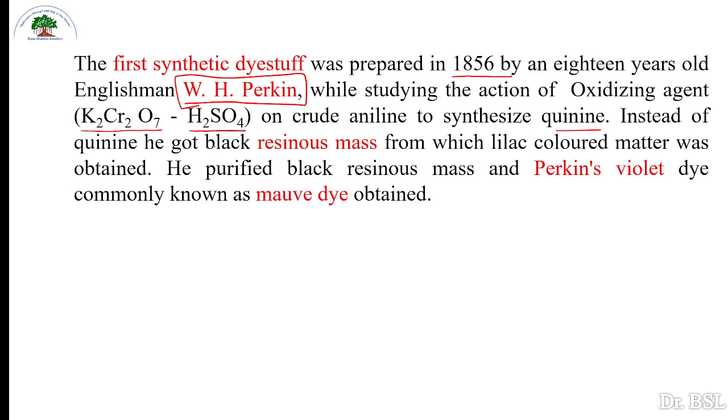Instead of quinine, he got black resinous mass from which lilac colored matter was obtained. He purified resinous mass and Perkin's violet dye, commonly known as mauve dye, was obtained.